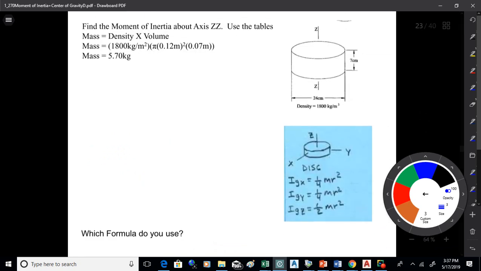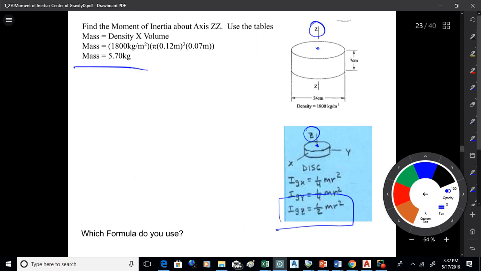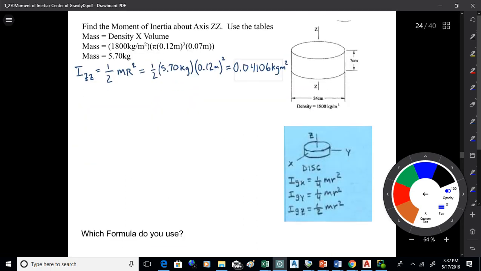This one's pretty obvious: we've got an axis perpendicular to the flat face, so we want the formula for that axis, which is called Z. The formula for I_G,z is 1/2 m r squared. I've got the mass calculated: density times pi r squared times the thickness, which is 5.7 kilograms. Then I plug in everything and out comes the same answer as I got using calculus.